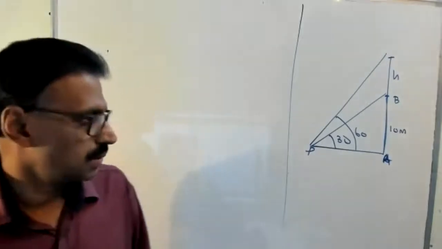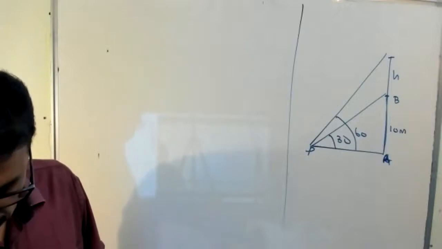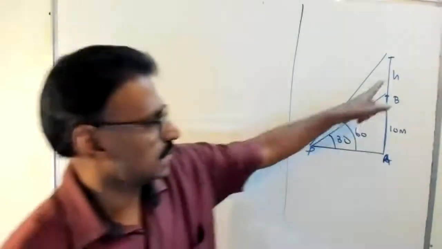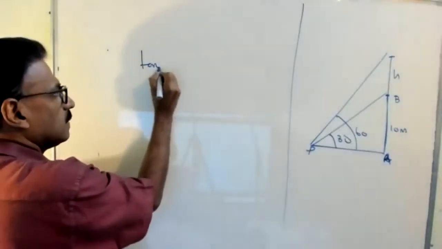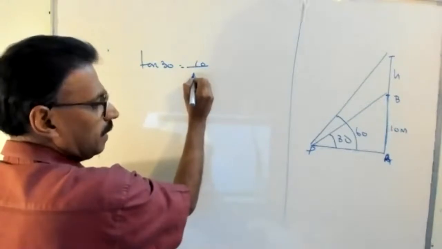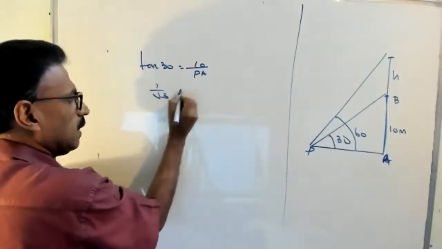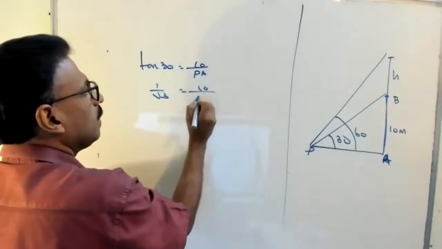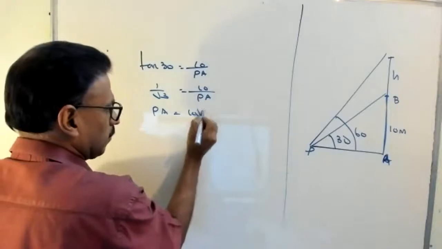So we have to find out this distance first. Tan 30 equals 10 divided by PA. 1 by root 3 equals 10 divided by PA. PA equals 10 root 3.